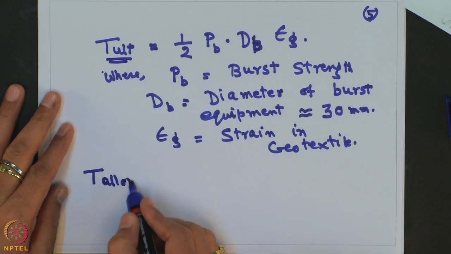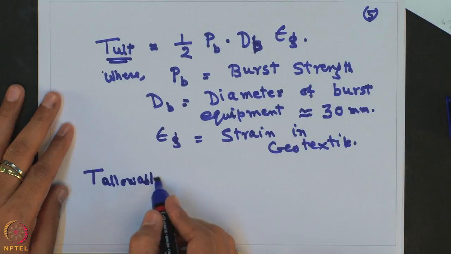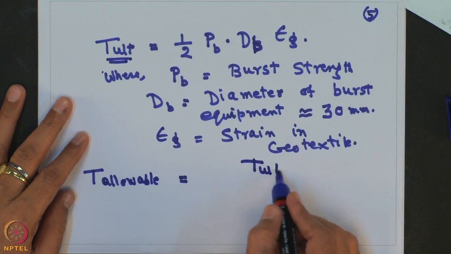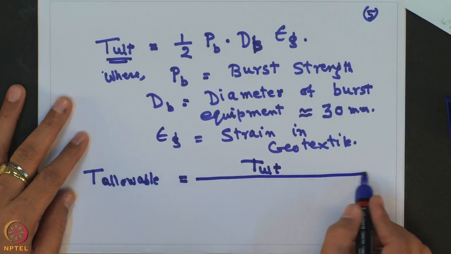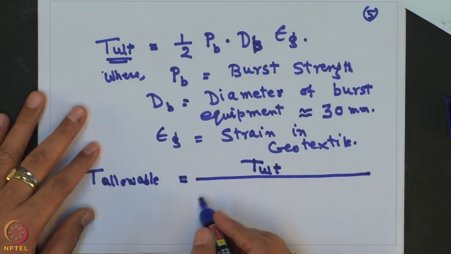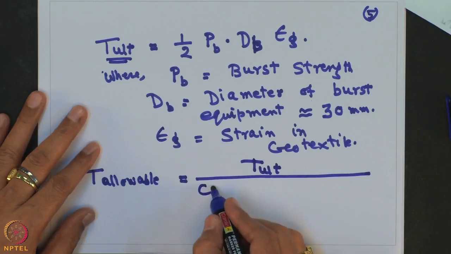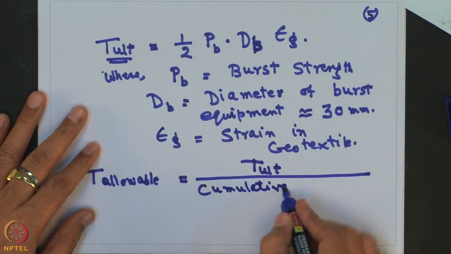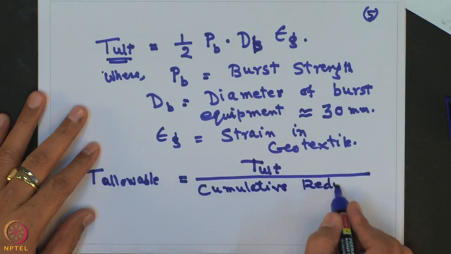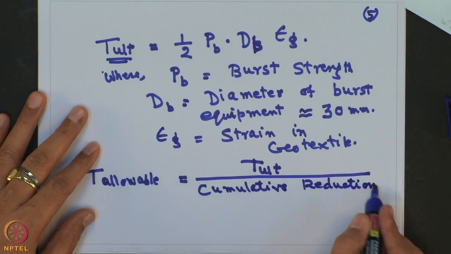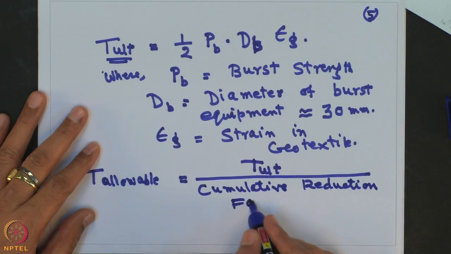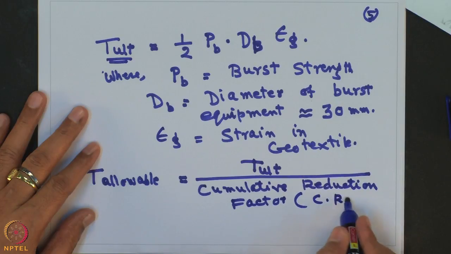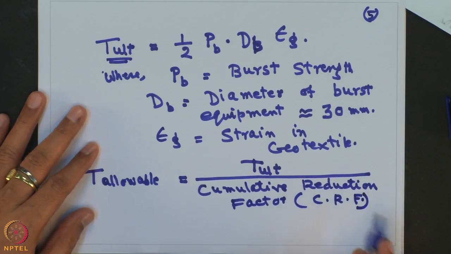T allowable is equal to T ultimate divided by the cumulative reduction factor, which you should remember, or you can say CRF.